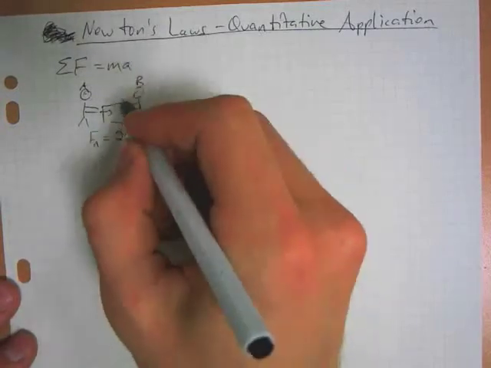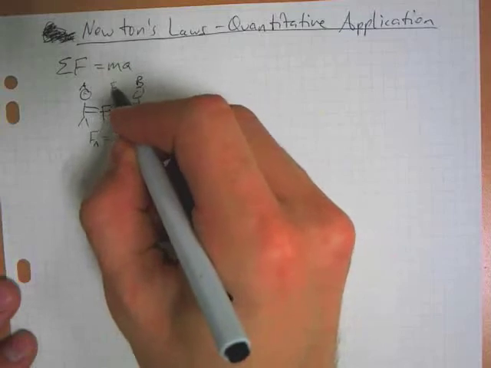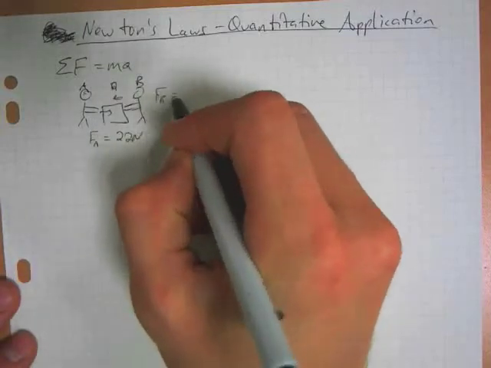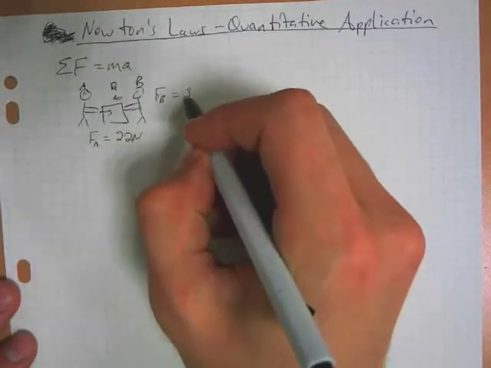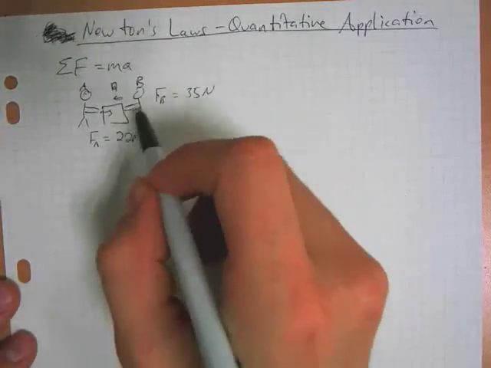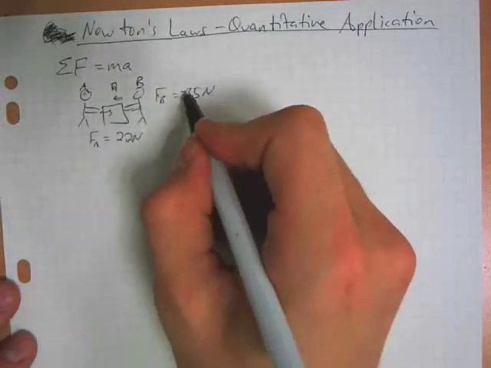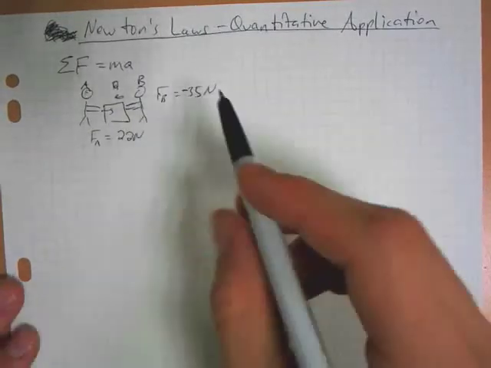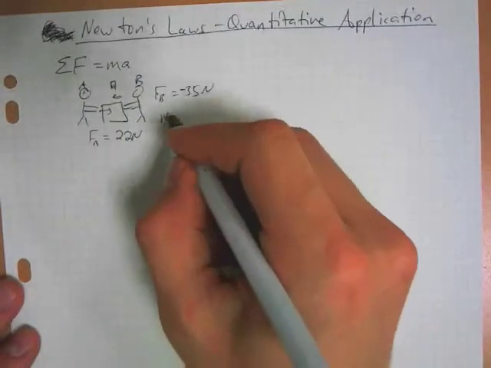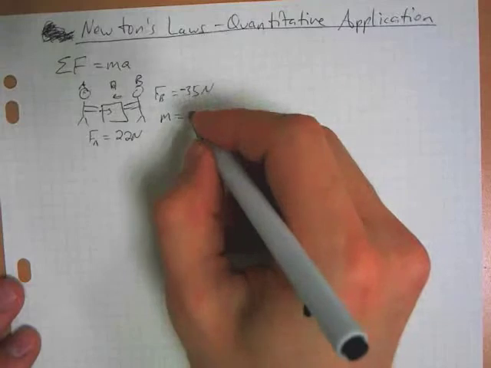Person B pushes with a force of 35 newtons, and since person B is pushing to the left, I'm going to call this negative 35 newtons. And let's say this box has a mass of 28 kilograms.